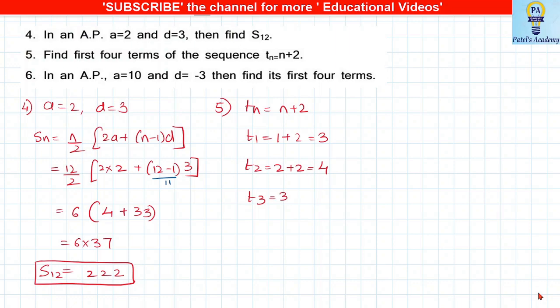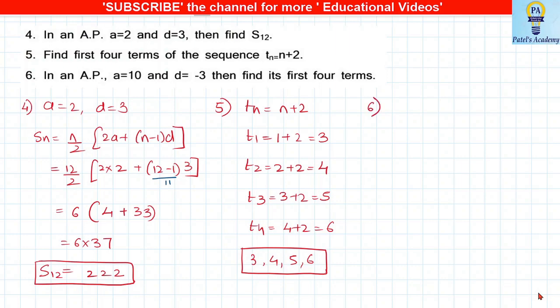T3 is 3 plus 2, that is 5, and T4 is 4 plus 2, that is 6. So the first four terms are 3, 4, 5 and 6. Okay, and you can check the difference is same. Yes, so it is an AP.